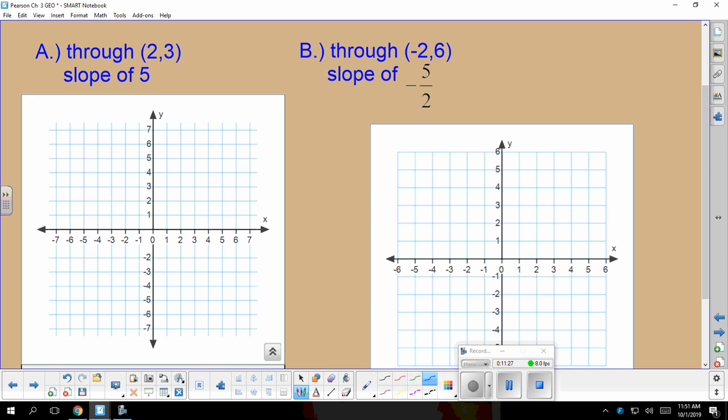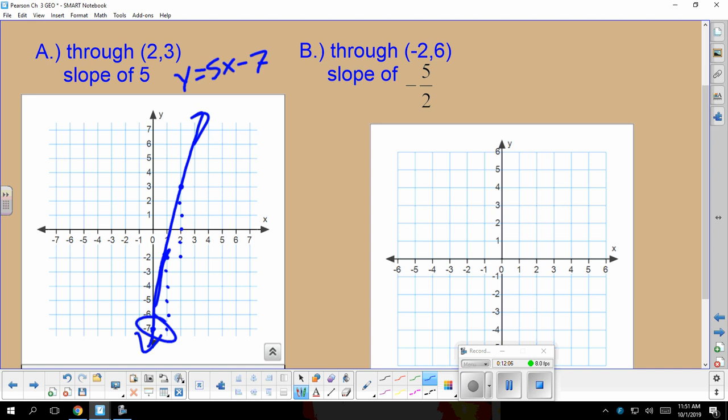We have the point 2, 3 right there, and then we use up 5 over 1, but that's equivalent to going down 1, 2, 3, 4, 5, and over 1, and down another 5 and over 1. There's our line graph, and you saw that the y-intercept was -7. So the equation of our line, y equals 5x minus 7. One way to attack that is by graphing it using point slope, finding out where it crosses the y-axis.